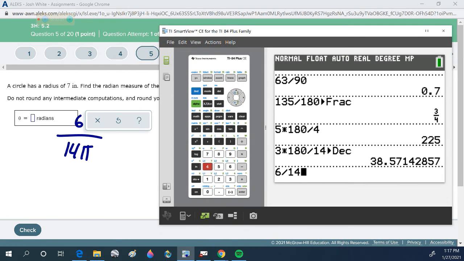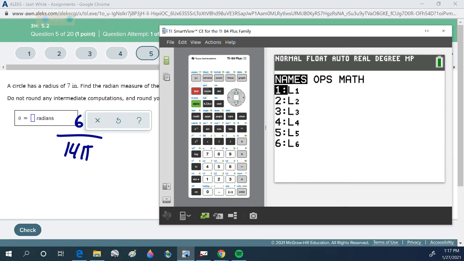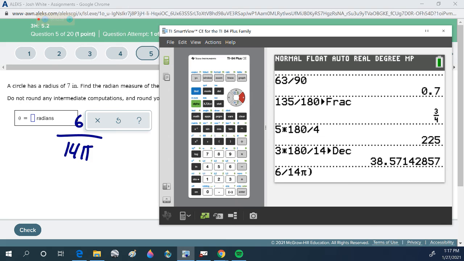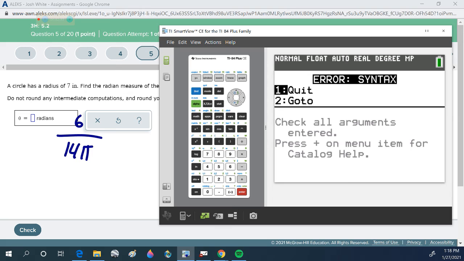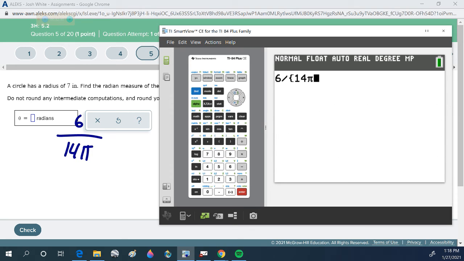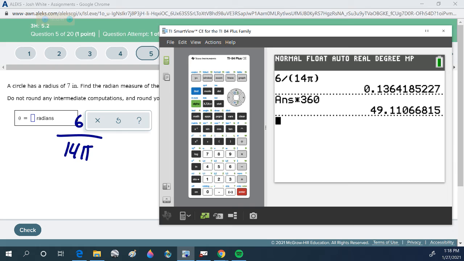So 6 divided by 14 pi. Oh, shoot. I broke it. Got to use the same set of parentheses. Okay. So that's saying I used 13% of the circle. So 13% of 360 would be 49 degrees.